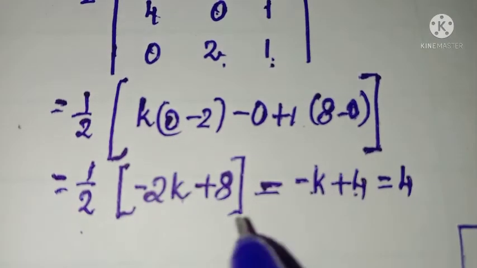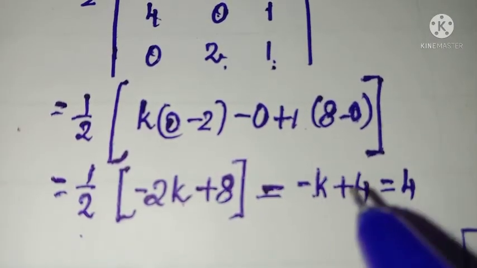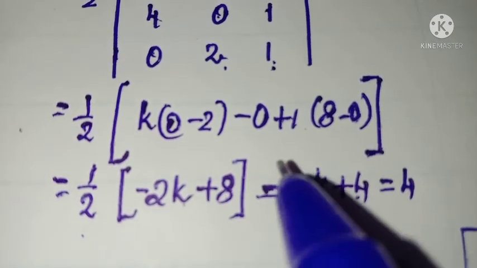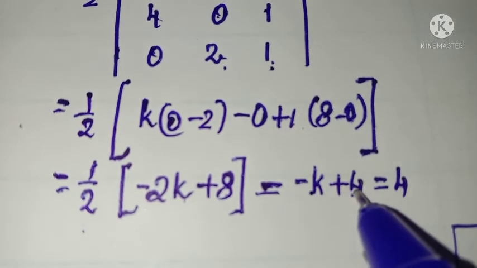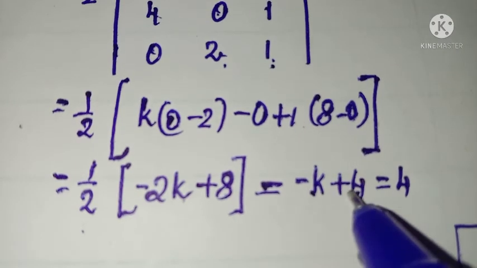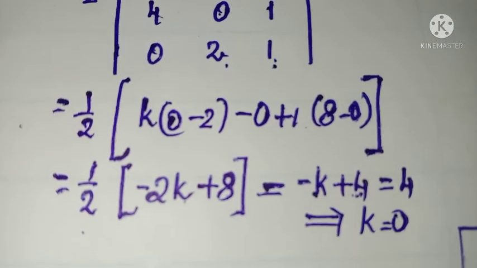Listen, if the area is given, we have to consider both positive and negative value of this determinant. So minus k plus 4 is the positive value. If we take minus k plus 4 equal to 4, we get k is equal to 0.